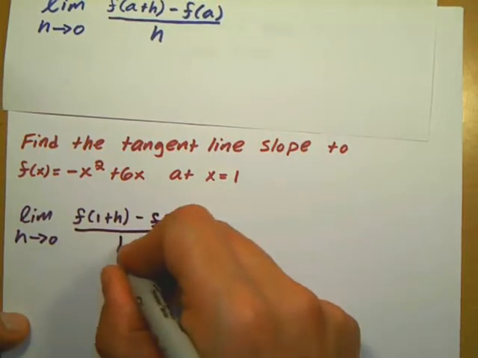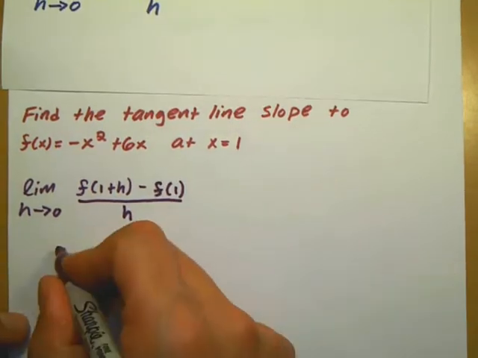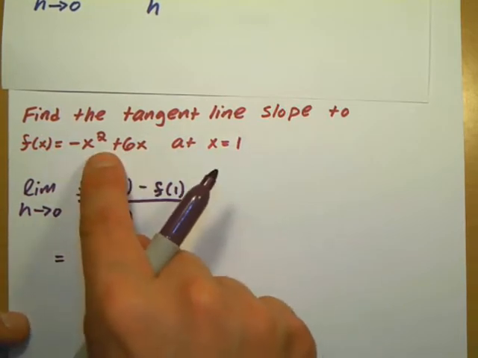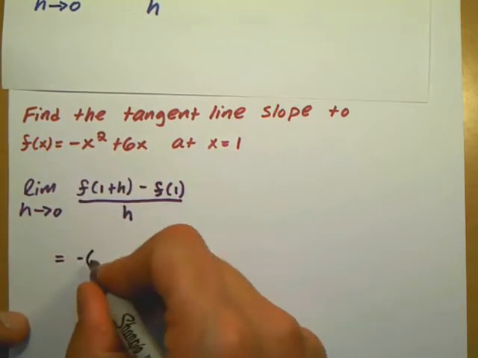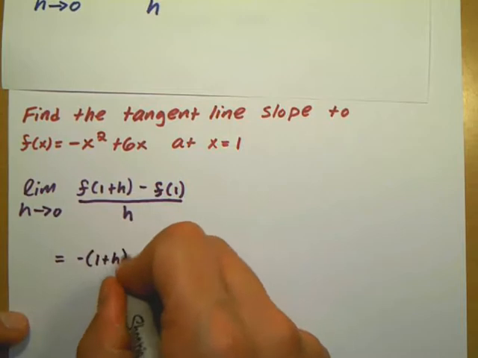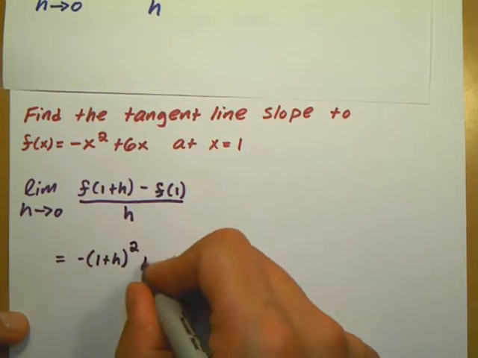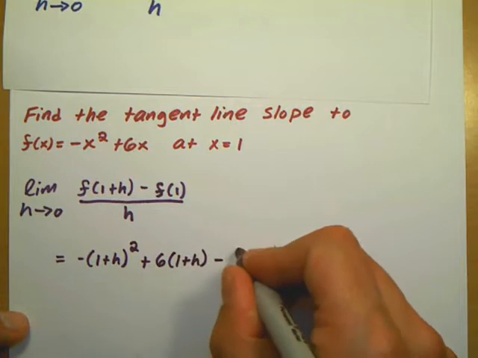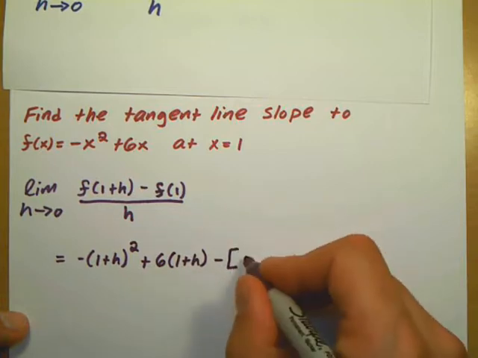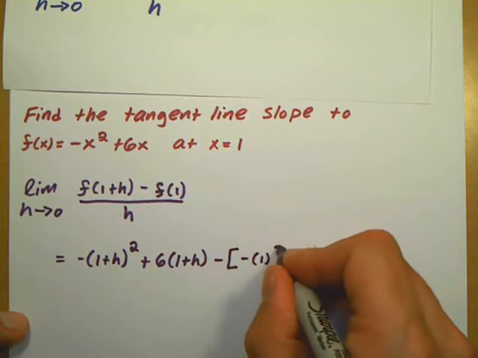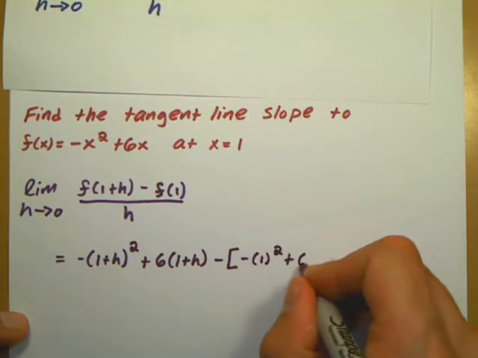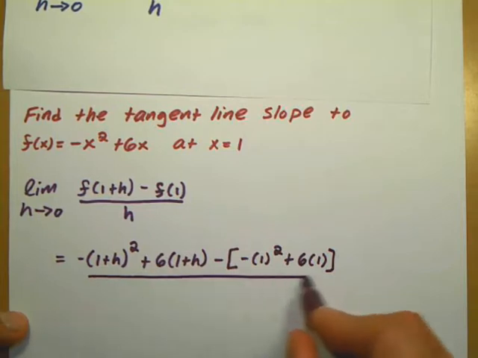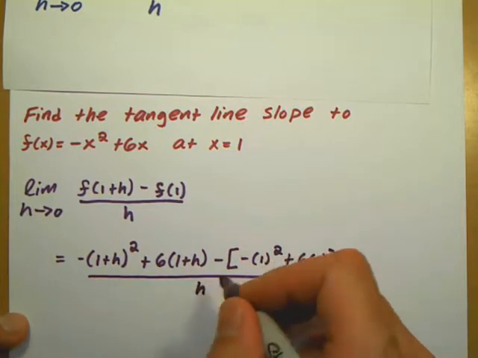all divided by h. So what this means is I'm going to take 1 plus h and plug it into this function. So it's going to be negative parentheses 1 plus h squared plus 6 times 1 plus h, minus, I'm going to put this in a bracket, negative 1 squared plus 6 times 1, close the bracket, all divided by h.